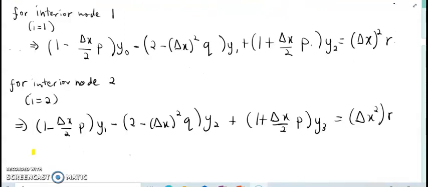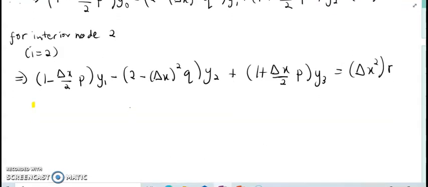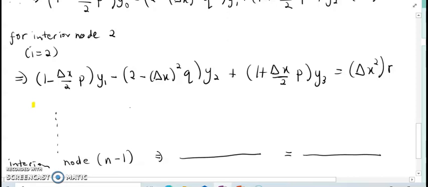Then you can repeat this process for each interior node until interior node n minus 1. This is the last equation, where the interior node is equal to n minus 1.